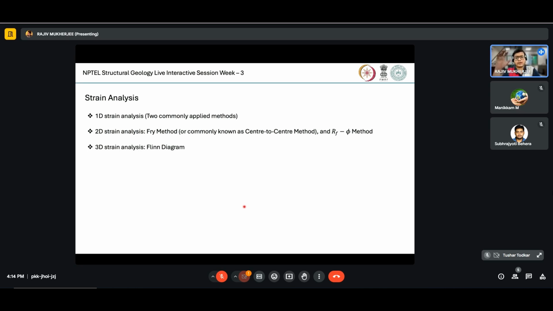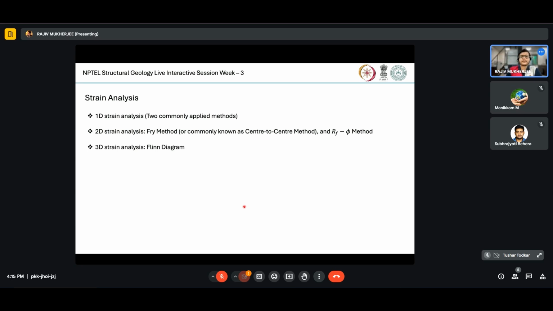So first and foremost, the most important thing for a structural geologist to do in a field is to decipher and delineate different episodes of deformation. Now, once you have identified that n number of deformations had taken place in a particular region, then you go from one set of deformation to other and try to estimate how much strain variation has occurred from one episode of deformation to other.